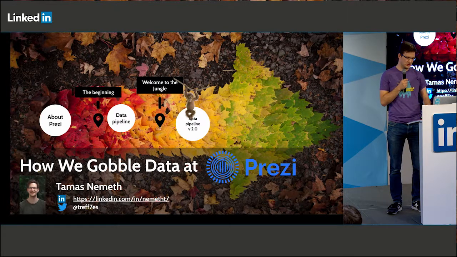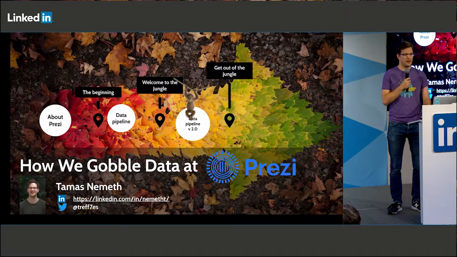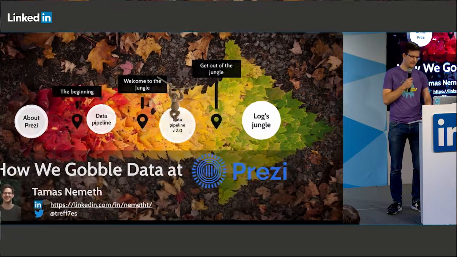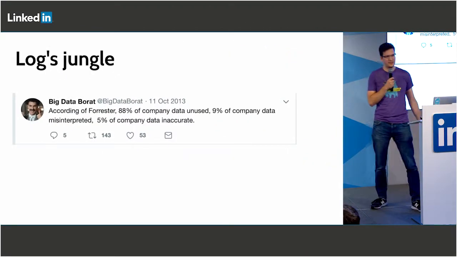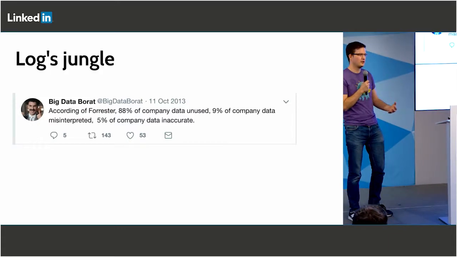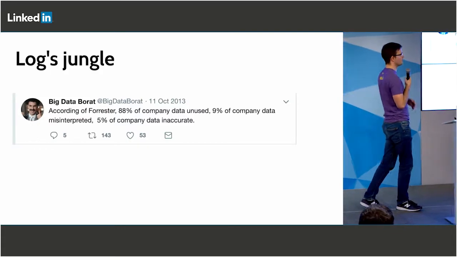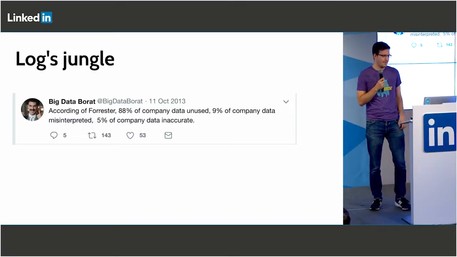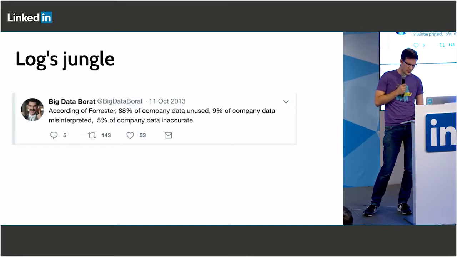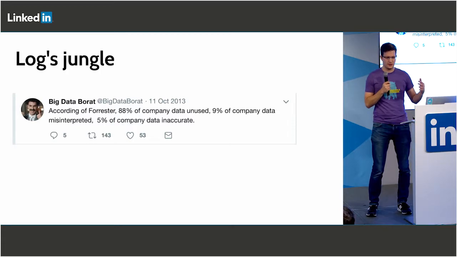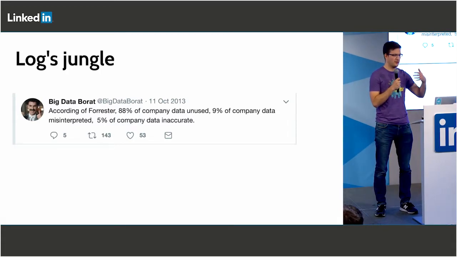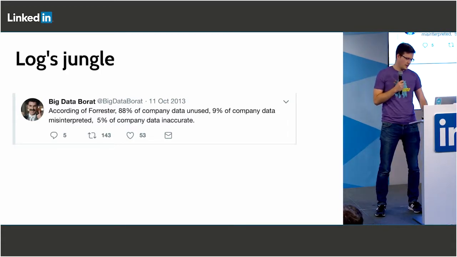And we ended up in a jungle, which we called the logs jungle. Now we're trying to get out of the jungle, because we just realized that data quality is most important. So we are redesigning our data ingestion pipeline again, making sure developers and engineers can't break our data pipelines.